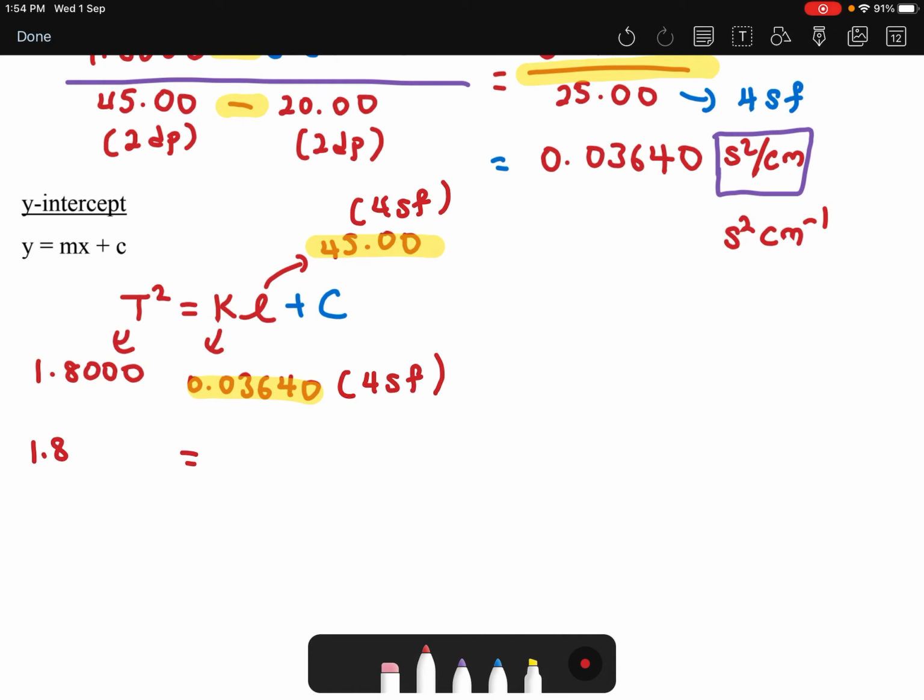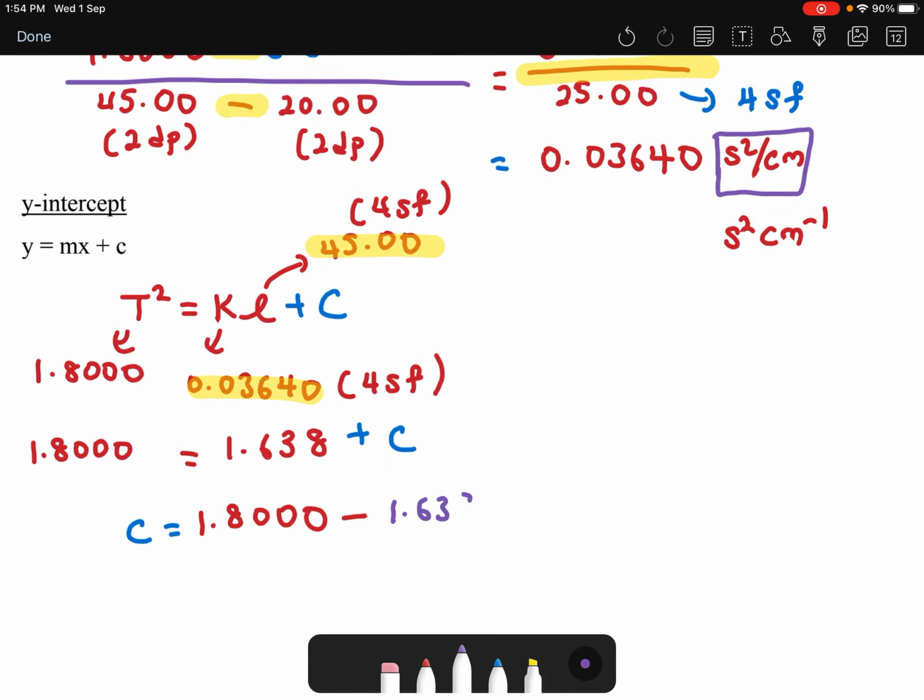So 1.8000, then 0.0364. The 4 SF answer is 1.638. Then after that, you plus a C. To find the y-intercept, y-intercept is equal to 1.8000 minus away your 1.638.